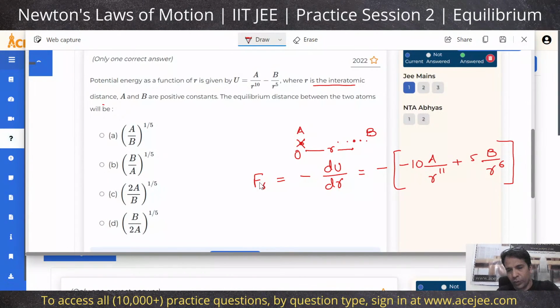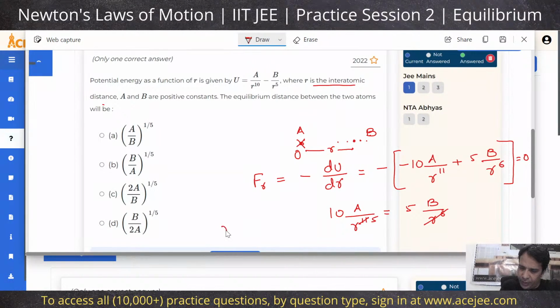So let's figure out what is the net force when the net force between the two will be zero. So if I equate this to zero, that'll give me 10A equals 5B r to the power 6.